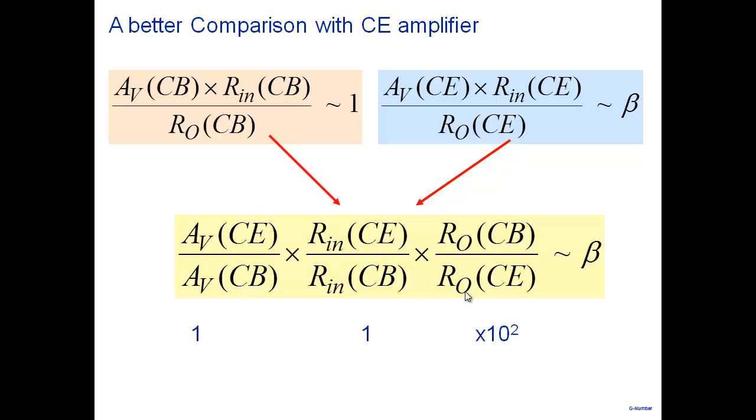These are the things that you're looking for. And in those terms, the common emitter amplifier is beta times, 100 times better than a common base amplifier here. So in terms of gain, input, and output resistance, we are not seeing any advantage. In fact, it's 100 times worse. Either the output resistance will be 100 times worse, or the input resistance will be 100 times worse, or if you try to make these comparable, then the gain will become 100 times worse. All right, so it's not a good voltage amplifier, a common base, as you can see from here.